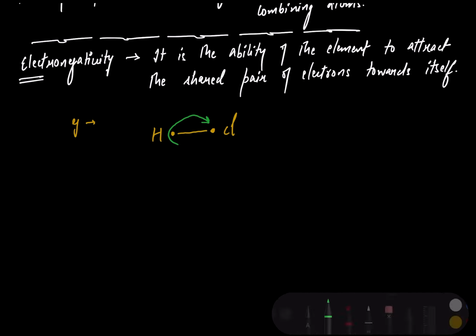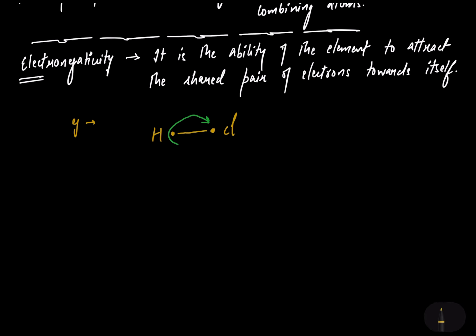Due to which both the electrons will be closer towards the chlorine. That's why chlorine will acquire a delta negative charge and hydrogen will acquire a delta positive charge. So it's the formation of two poles, so it's a polar bond.